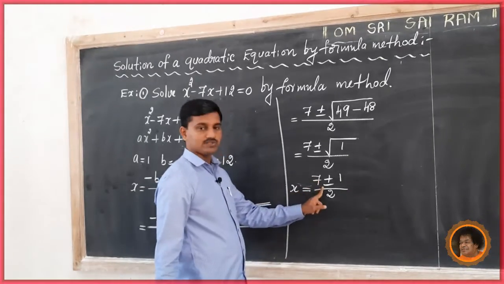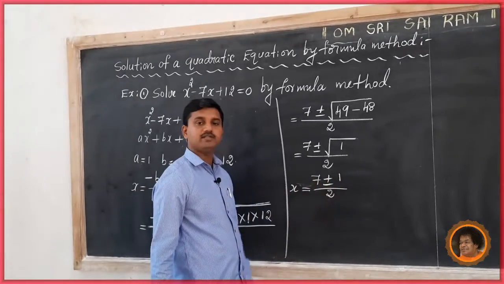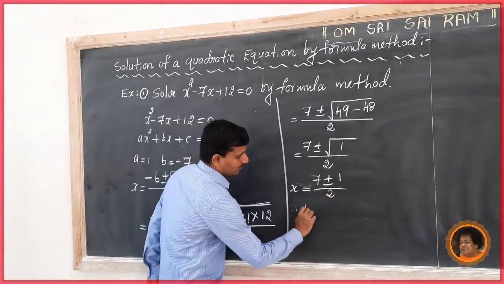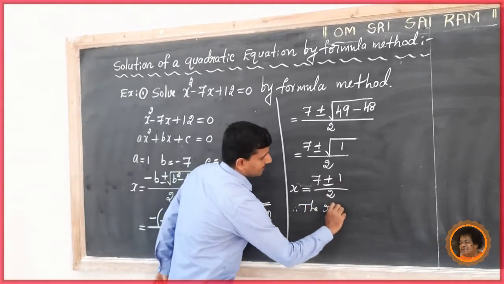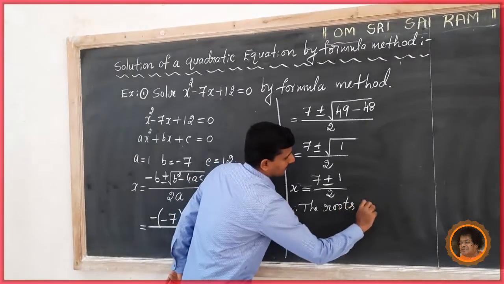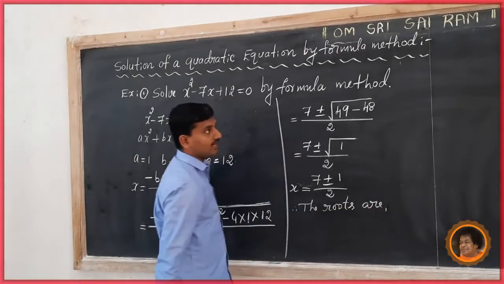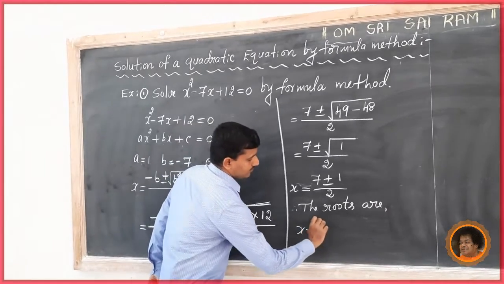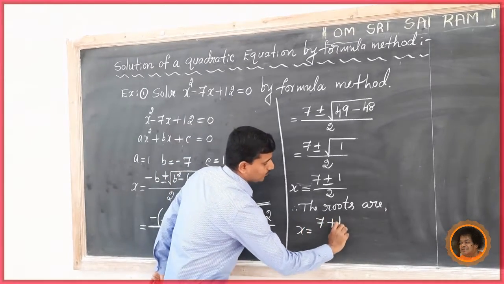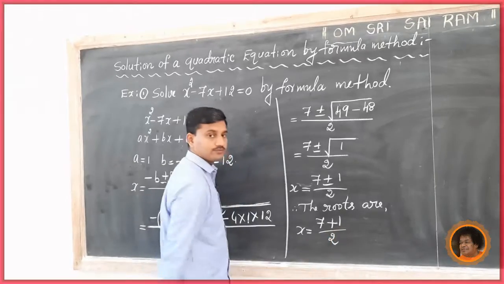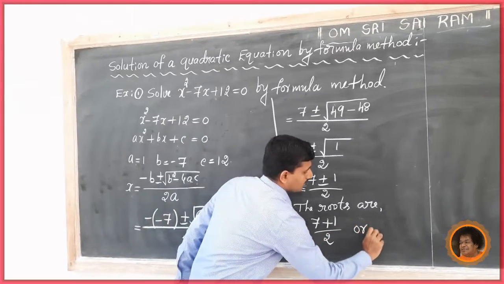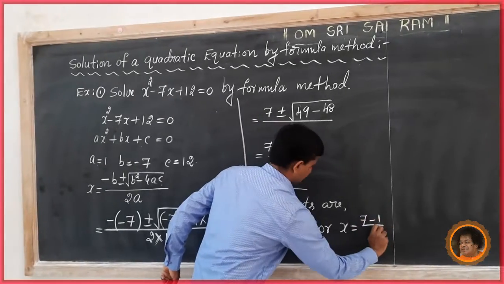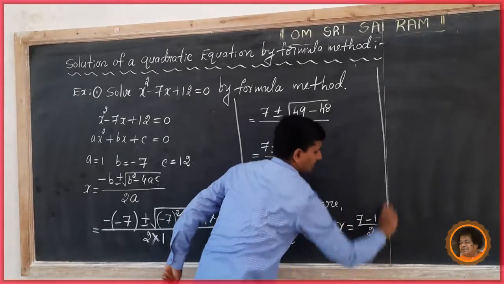So x equals 7 plus or minus 1 divided by 2. Find the roots. Therefore the roots are x equal to 7 plus 1 divided by 2, or x equal to 7 minus 1 divided by 2.